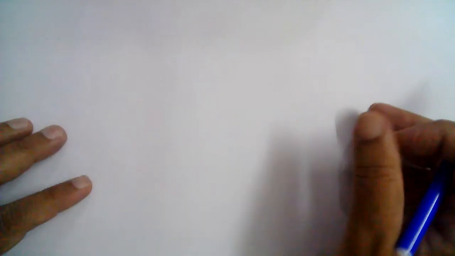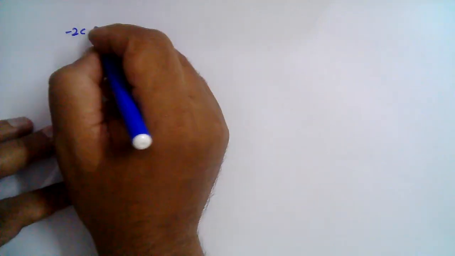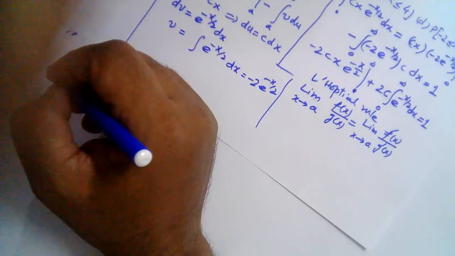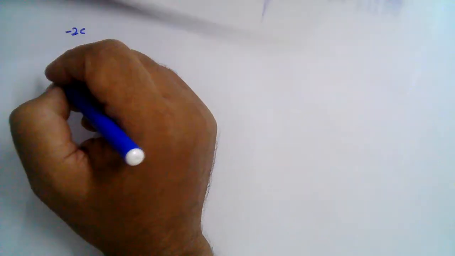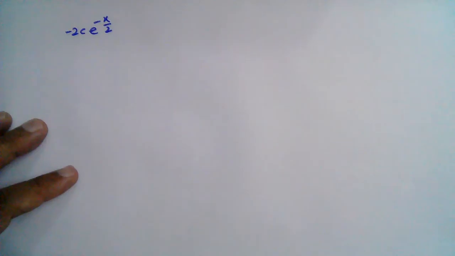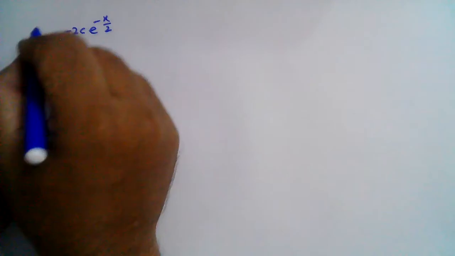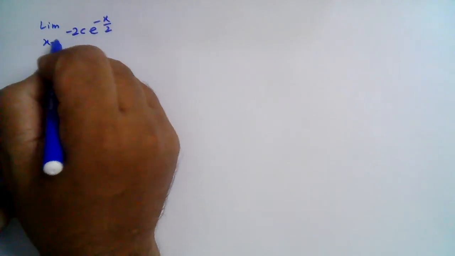So this was minus 2c, this is minus 2cx e raised to the power minus x over 2, right? And we need to find the value at infinity, the limit when x tends to infinity.